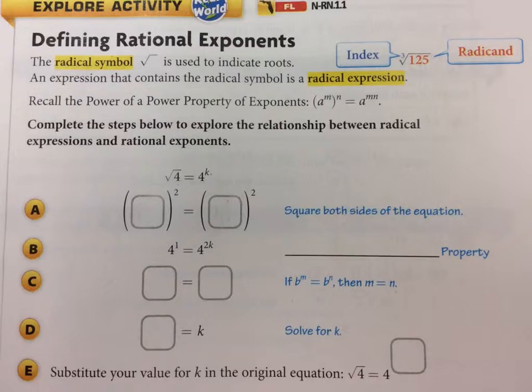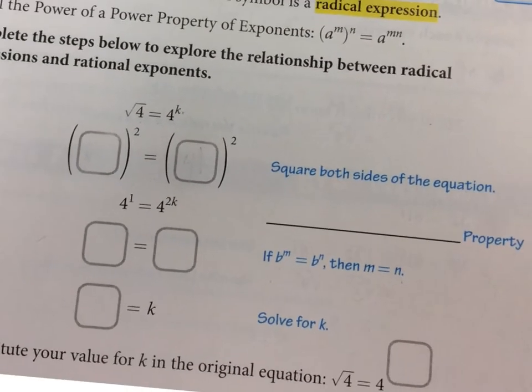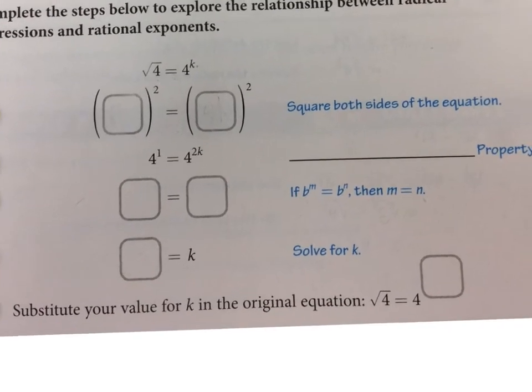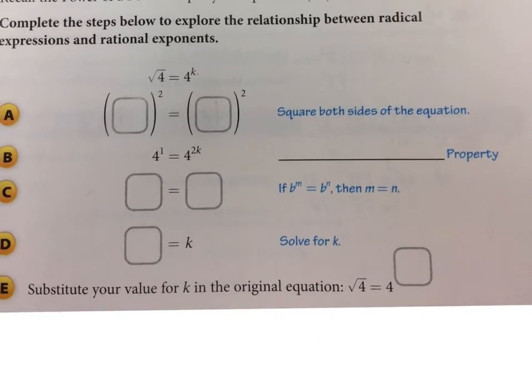This is your worksheet. Let me blow this up a little bit so you can see it. We're going to follow a series of steps. The first step: the square root of 4 equals 4 to the k power. What you do to one side, you do to both sides, so we're going to square both sides.